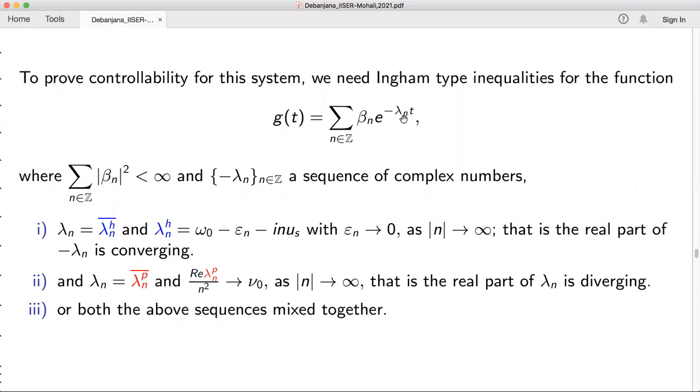Otherwise it is minus lambda_k, where the lambda_k's are real and satisfy some properties. But in our case, we need exponents lambda_n that have a real part as well as a complex part.